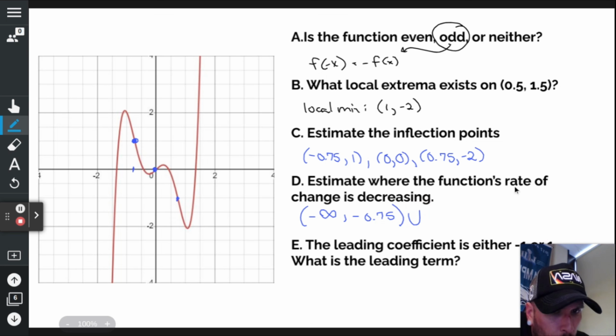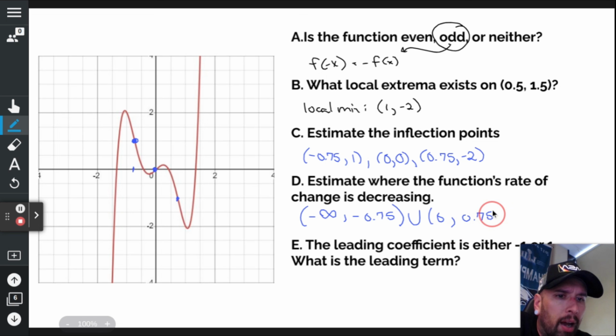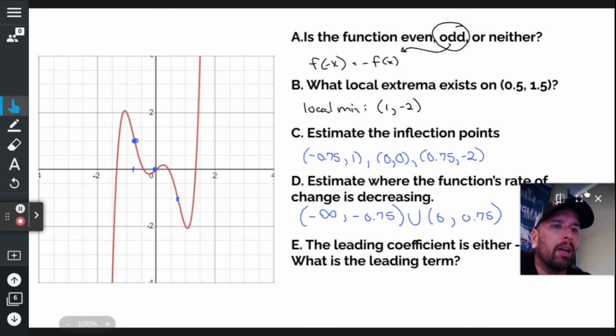The other place where it looks like the rate of change is decreasing is going to be right there, and that starts at 0 all the way over to regular 0.75. Okay? The rate of change is decreasing means concave down. Make sure we know our vocabulary.